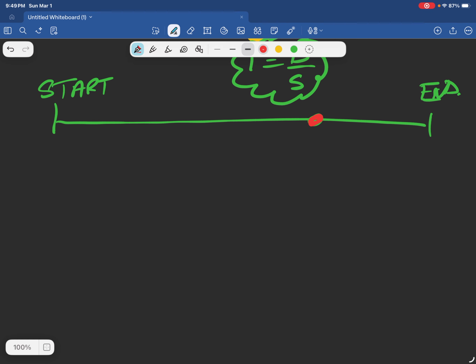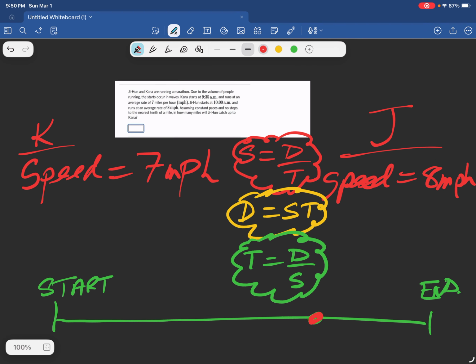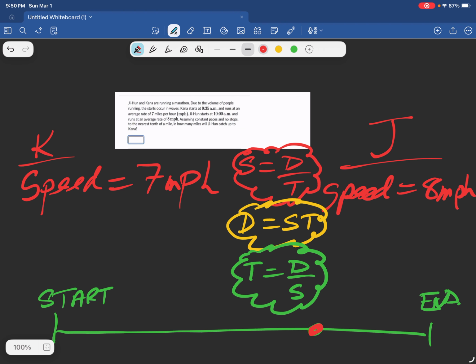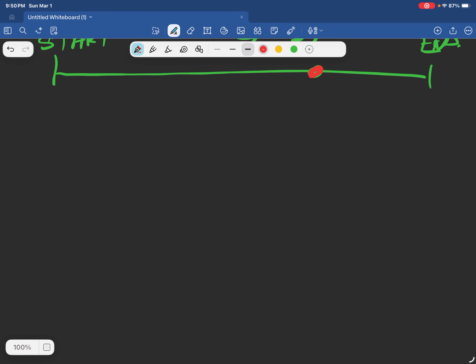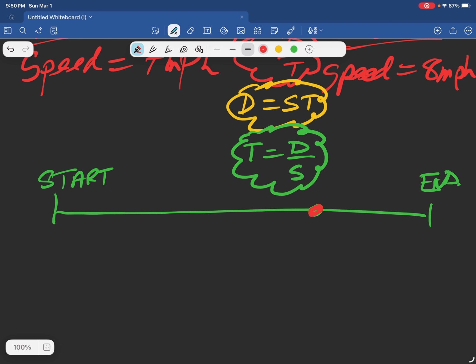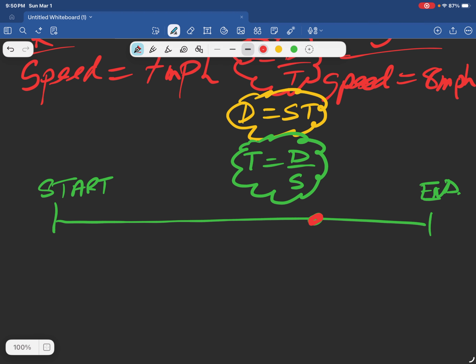So let's start with the one on the left, Kana. Since he's traveling more slowly than Jihan, let's use the formula that says distance equals speed times time. Why? Because the distance is common to both of them.